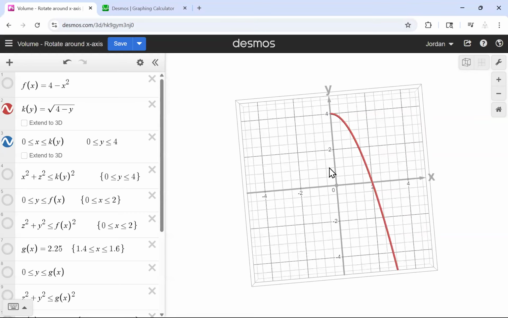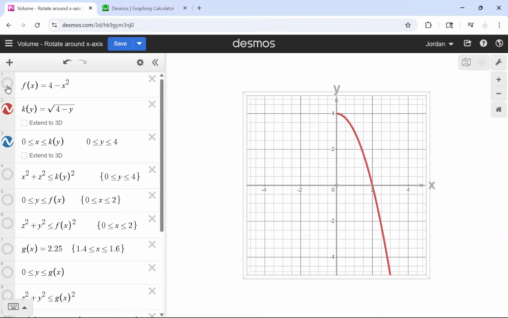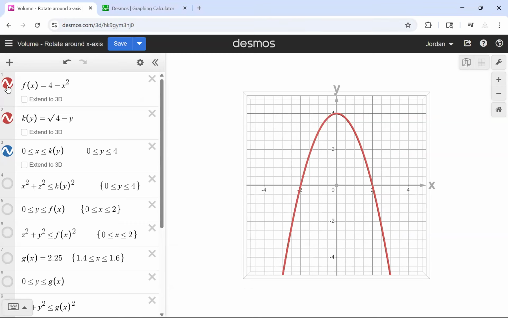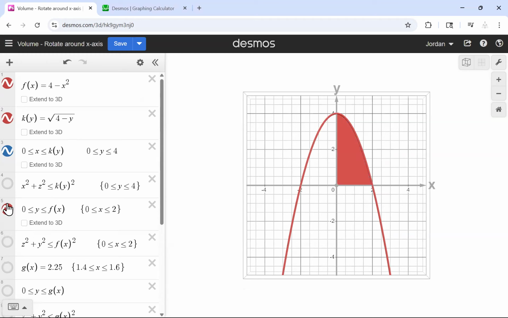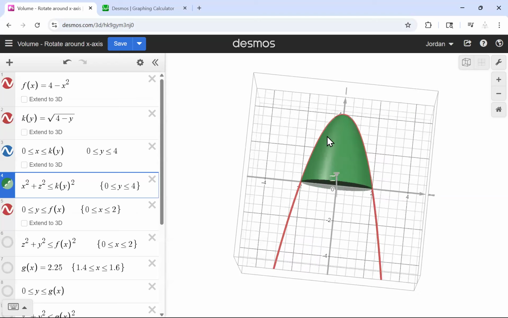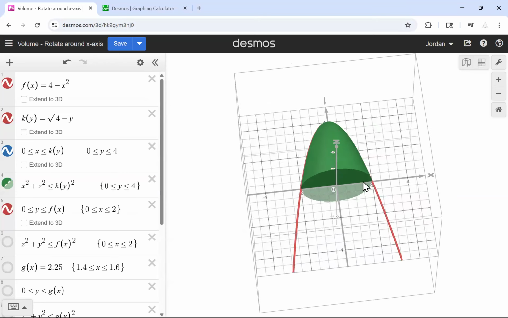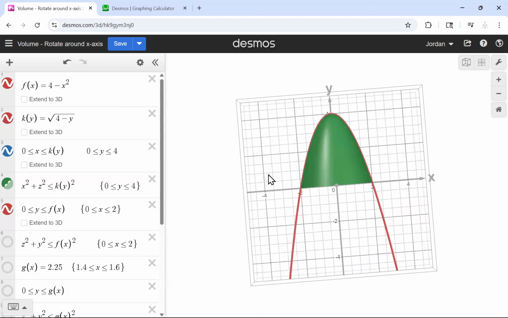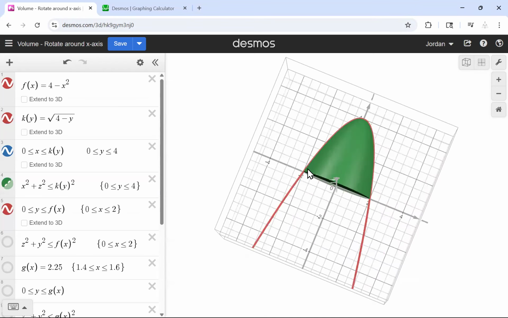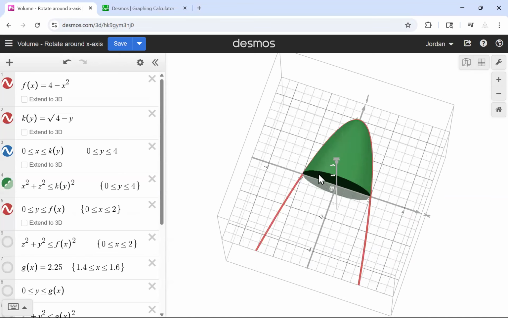So just to give you an example, remember that when we drew the f of x and we rotated around the x-axis, we got this shape. Well, when we rotate around the y-axis, again, this is the region in here. I won't shade it. I could, I guess, shade it. There, it's shaded. If I rotate around the y-axis, I get this shape. So again, a very different looking shape with a very different value. Okay, so we get this type of shape.